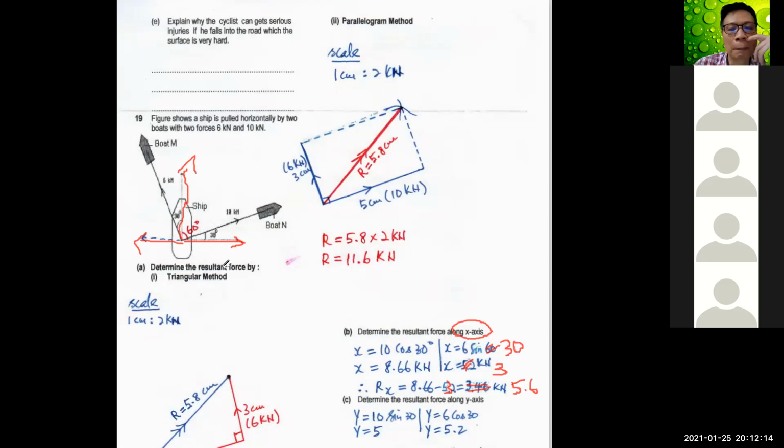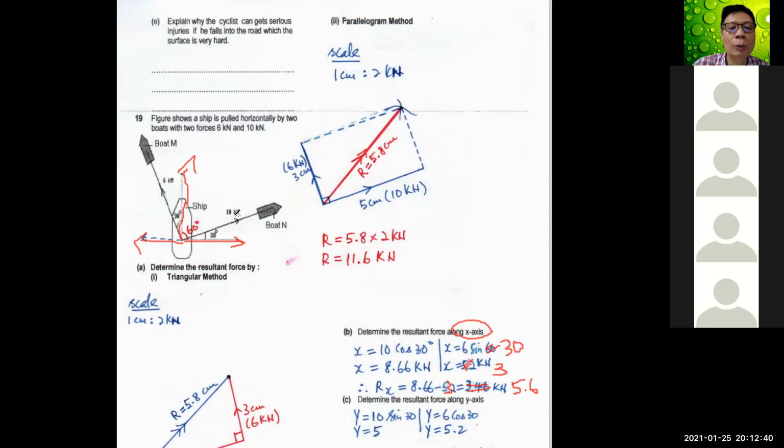Can understand? So meaning that you can see the diagram. For this 10 kilonewton, you break to x here, y here. For this 6 kilonewton, you can also break to x here, y here. That means this y belongs to the left and also belongs to the right side one.